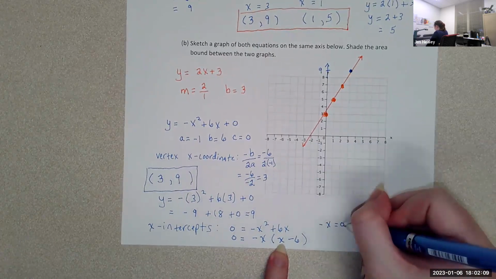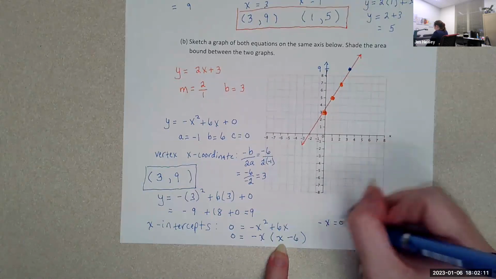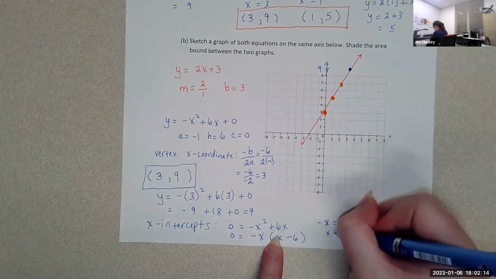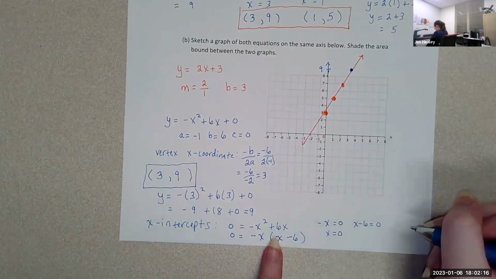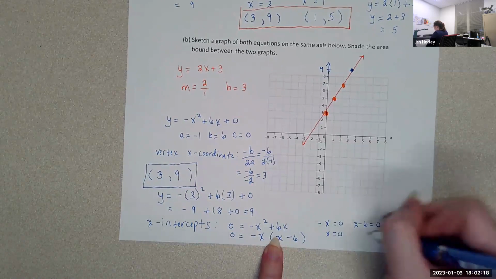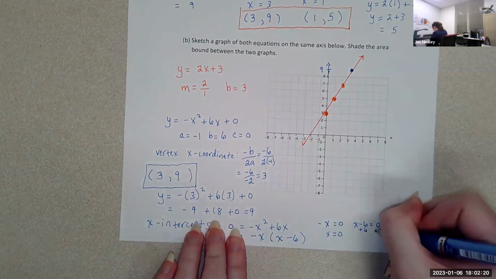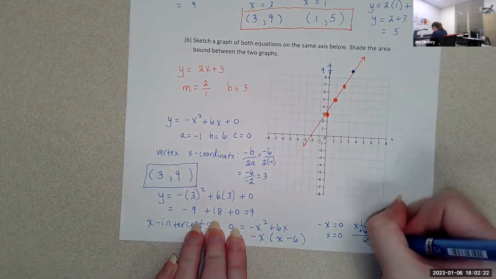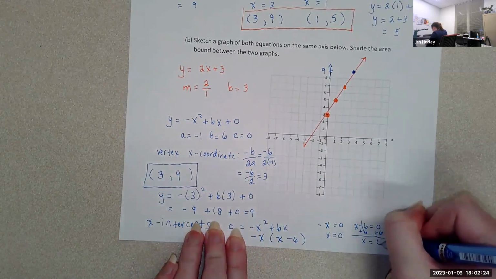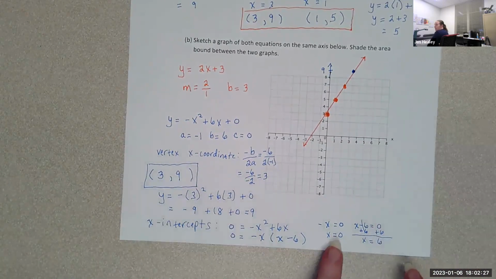If negative x is equal to 0, in order for that to be true, this x value has to be 0. And for this one, if I add 6 to both sides, I get x is equal to positive 6. So I have two x-intercepts for this parabola, 0 and 6.